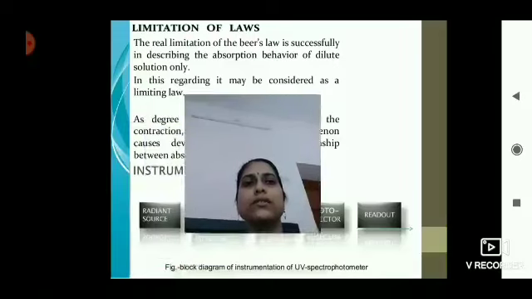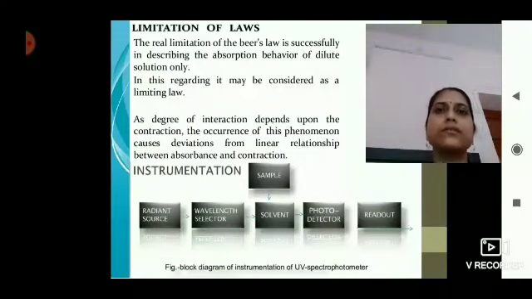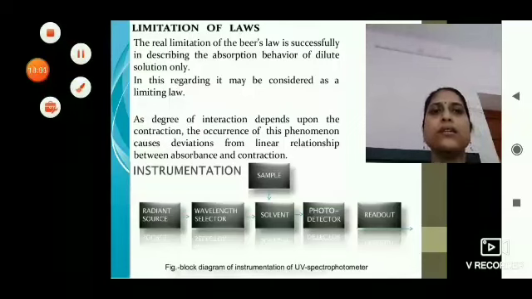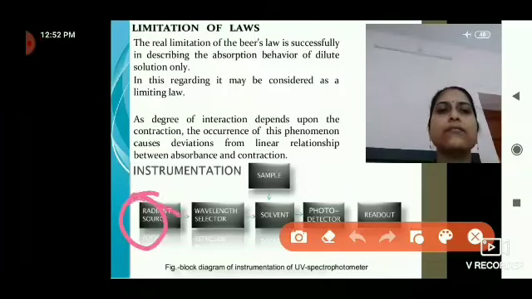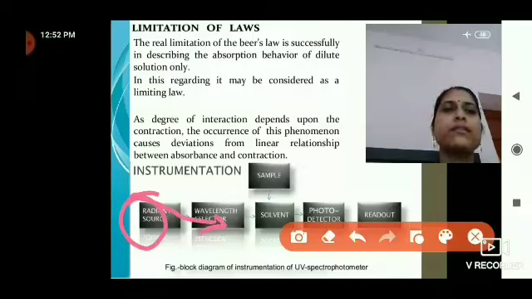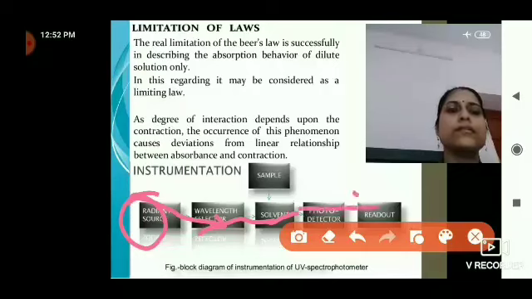Now coming to the instrumentation. There will be a source, then a wavelength selector, meaning a monochromator, and then the electromagnetic radiation passes through a solvent and is detected by a photodetector and studied. Then in a second process, the same radiation is passed through the sample, which consists of the same solvent, goes through the detector, and is studied.